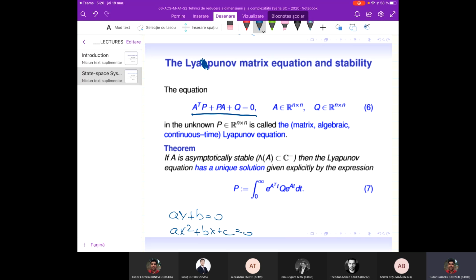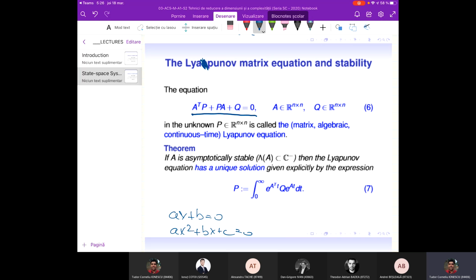It looks like AX plus B equal to 0, but it's a bit more than that, because you also have the symmetric term A transpose P. But this is a matrix equation and it can be solved numerically.